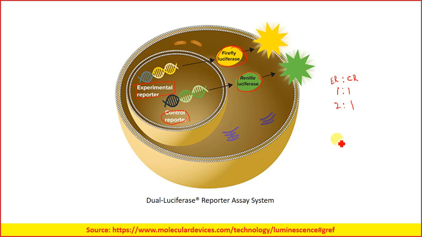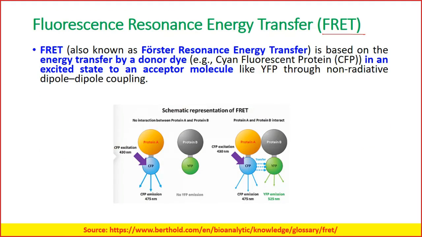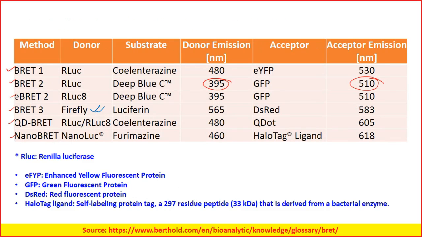Okay, so if you go back, renilla luciferase has emission at 480, and firefly luciferase has emission at 565.